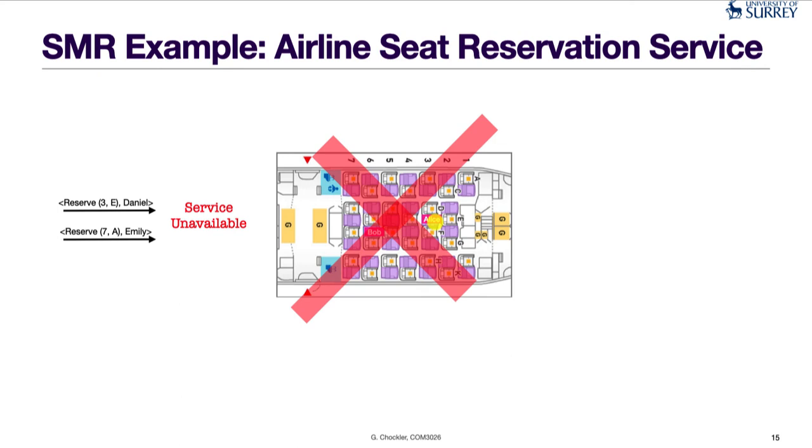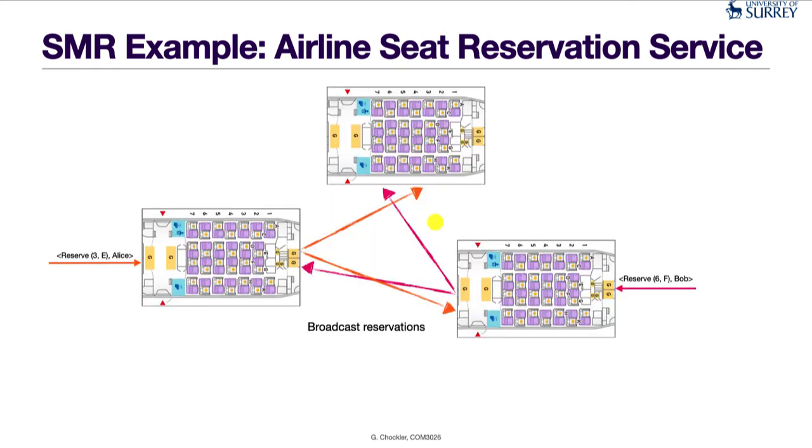So now let's fix the situation. Now let's replicate this service. Here we have 3 replicas, and we are going to use broadcast to disseminate reservation requests. Now if we don't use total order, then the following situation is possible.